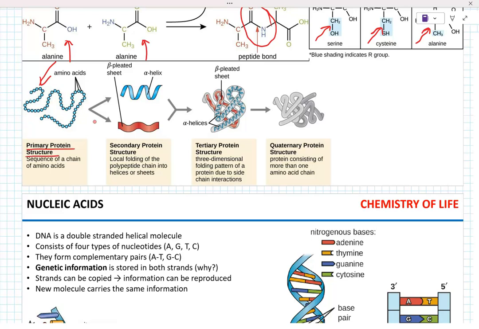Because amino acids are different and their parts interact with each other through hydrogen bonds, for example, the polypeptide chain will start folding.